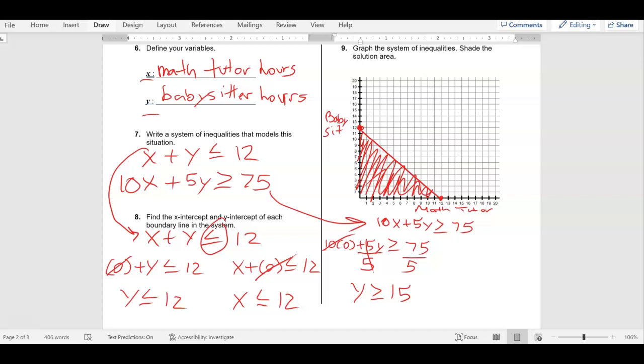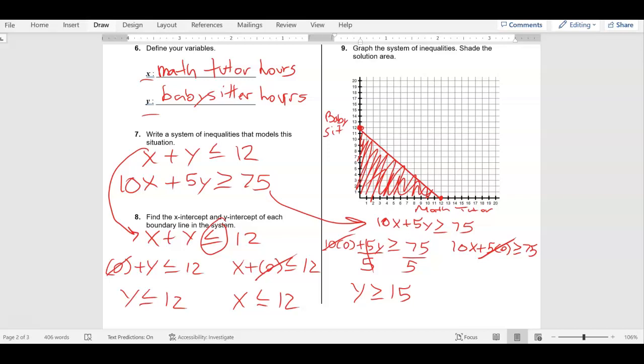And now we'll do the other one. Instead of plugging in 0 for x, let's plug in 0 for y. So 10x plus 5 times 0 is greater than or equal to 75. Five times 0 cancels out. So I have a 10x greater than or equal to 75.